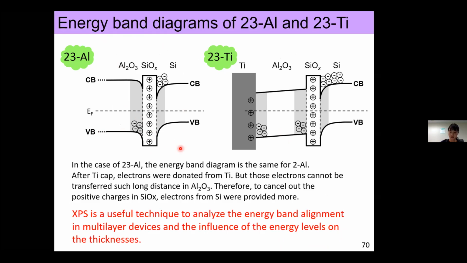On the other hand, after titanium cap, electrons were donated from titanium, but those electrons cannot be transferred such long distance in alumina. Therefore, to cancel out the positive charges in oxide silicon, electrons from silicon were provided more.